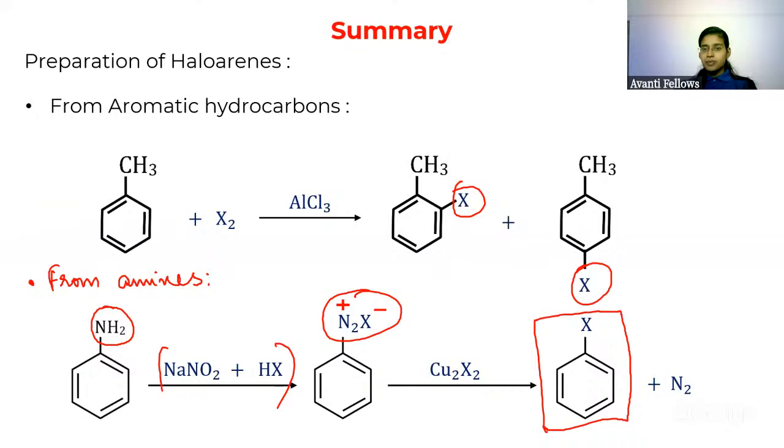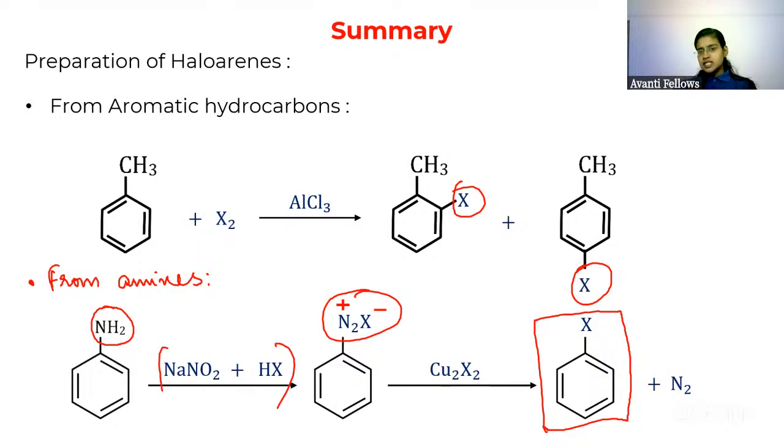The next topic is the properties of haloalkanes and haloarenes, in which we will have chemical properties and physical properties. First I will discuss the physical properties. Physical means appearance, mass, density, etc., melting point, boiling point kind of thing.